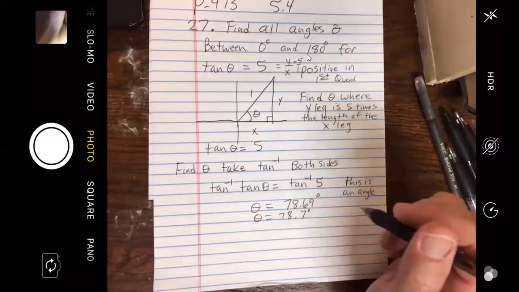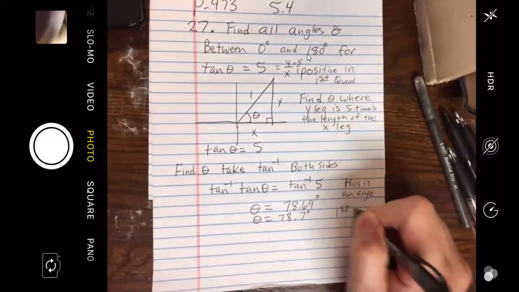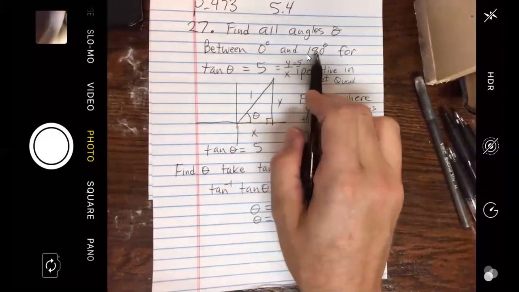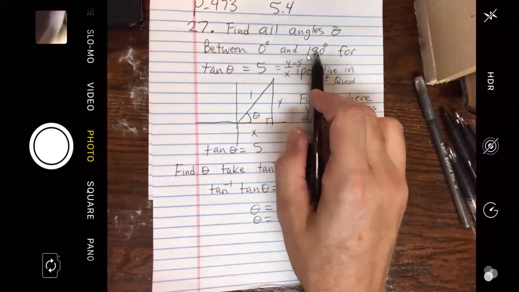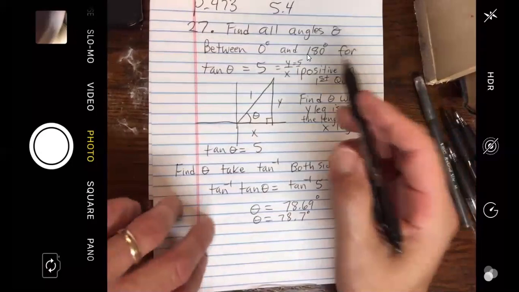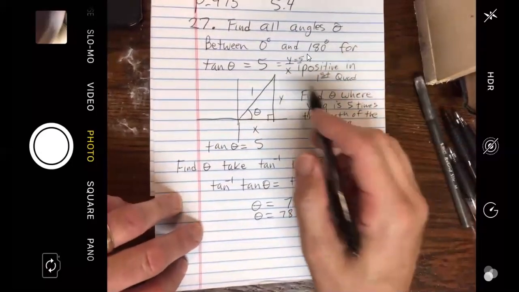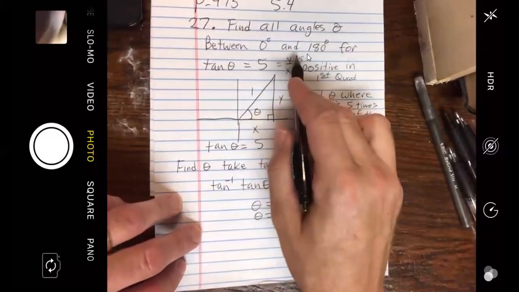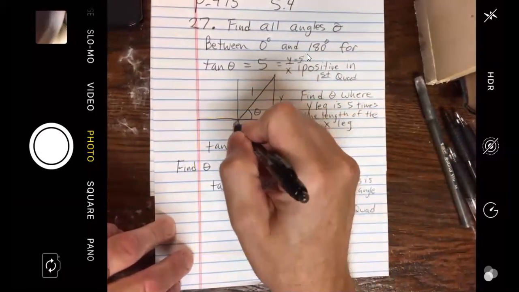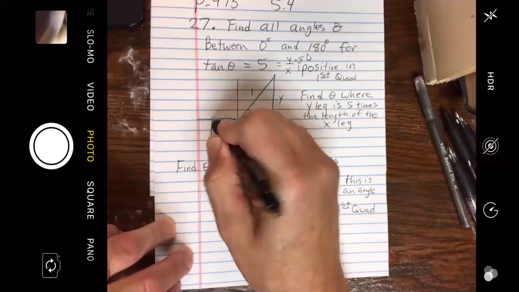Okay, now that is in the first quadrant. Ordinarily, most of the time they ask for once around the circle, 0 degrees to 360 degrees. This just asked for 180. So I'm going to work it as if it's 0 to 360 and then see if we can get another one. The only other quadrant where things are positive is the third quadrant.